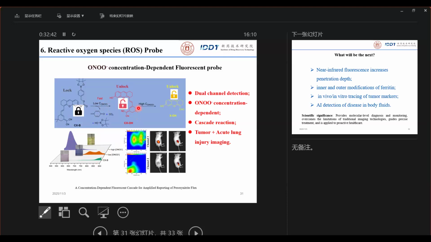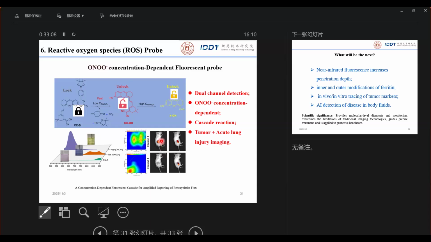And if the ROS increases, like in high concentration, this carbon bond will also continue to be broken, releasing this part, our XOH part, which emits a very strong yellow fluorescence.